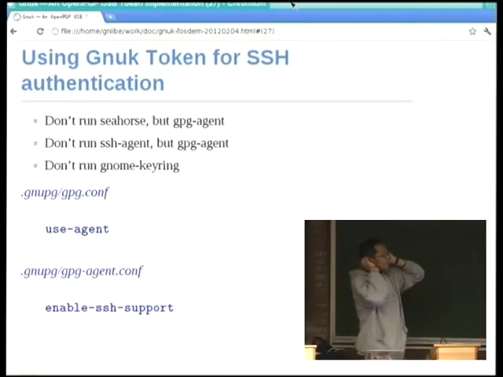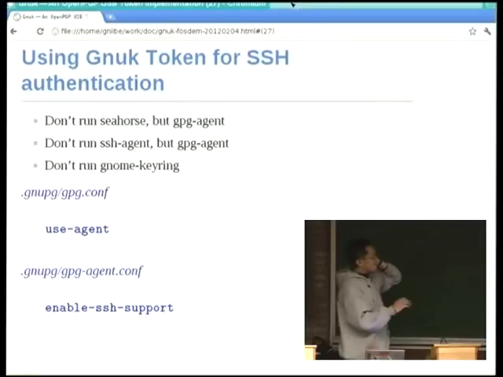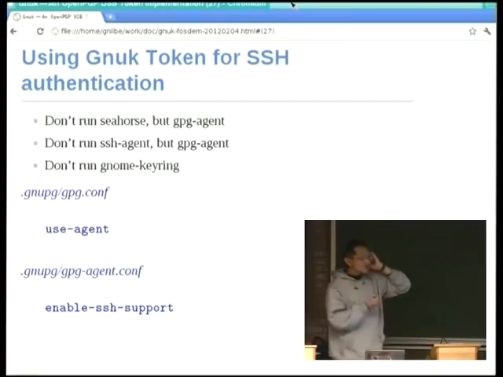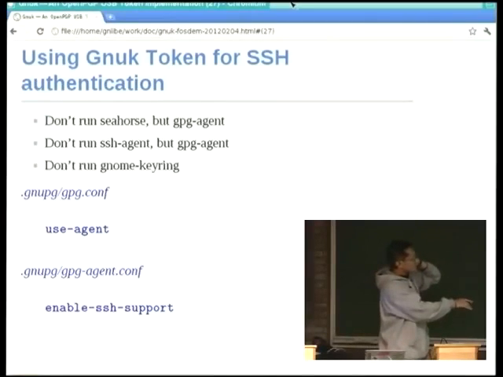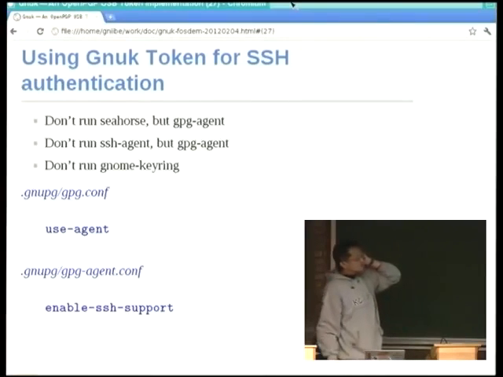So when we use GPG agent as an SSH agent, we should only run GPG agent and not run ssh-agent and GNOME keyring. This is a key point. And then we configure GPG using use-agent and enable SSH support. Yes, this is a setting using GPG agent as an SSH agent.